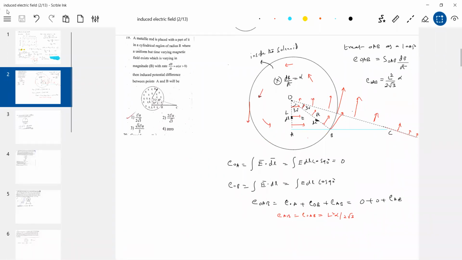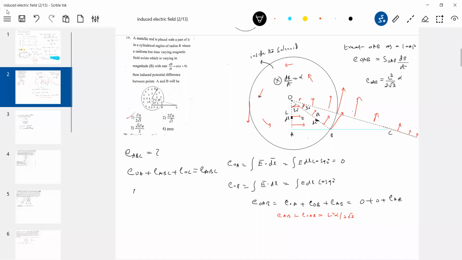So what will the formula be? EABC has to be determined. For that, what I do is EOA plus EABC plus EOC should be equal to EABC. But this is equal to 0.